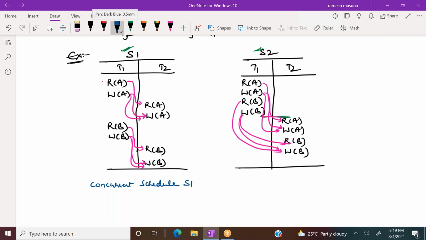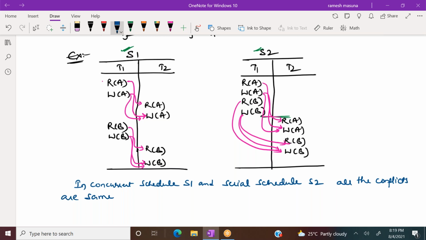In concurrent schedule S1 and serial schedule S2, all the conflicts are same.